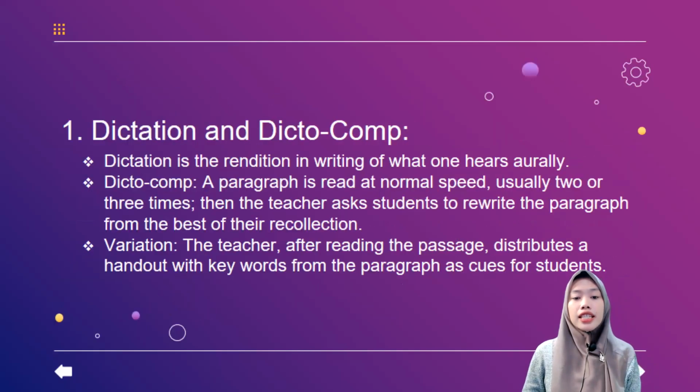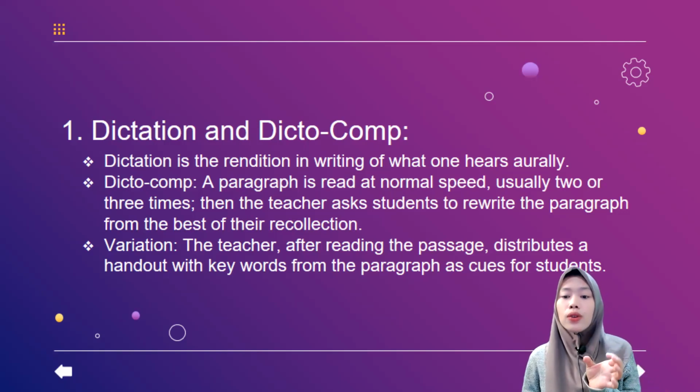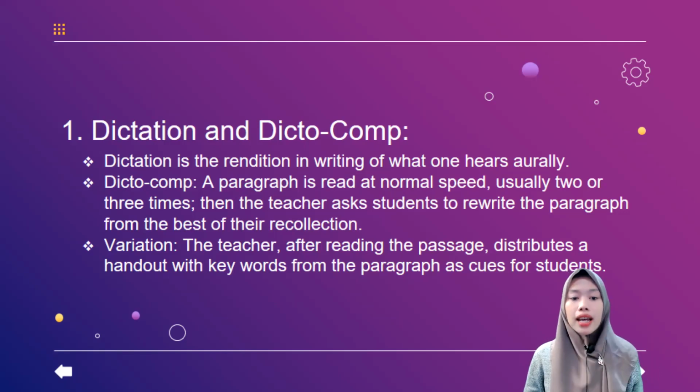The first is dictation and dicto-comp. Dictation is the rendition in writing of what one hears orally, and in dicto-comp, a paragraph is read at normal speed, usually two or three times. Then the teacher asks students to rewrite the paragraph to the best of their recollection.